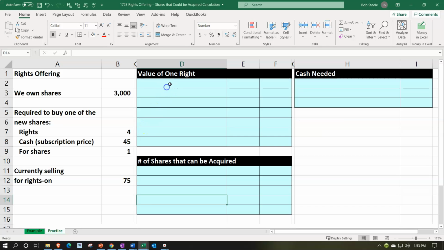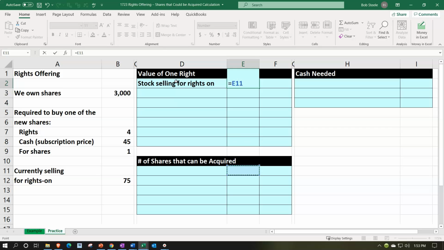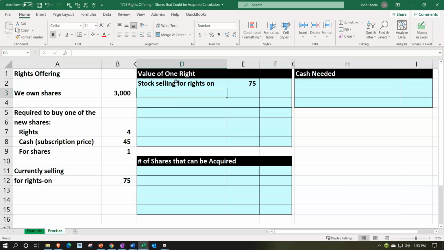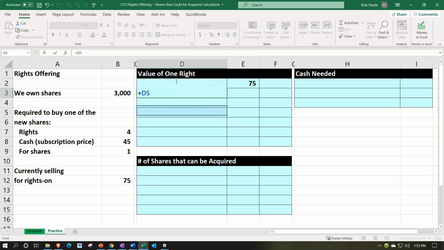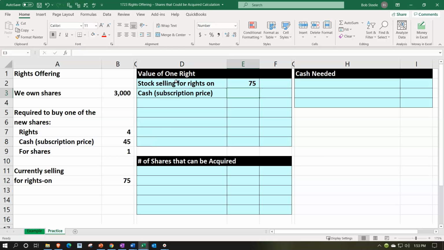Plugging that into our calculation up top, the stock is selling, including the rights, so rights on, at 75. Then the cash for the subscription price, if we were to pay for it with the rights at the discounted price, is 45. Underlining that, we subtract: 75 minus 45, or 30, which gives us the numerator.